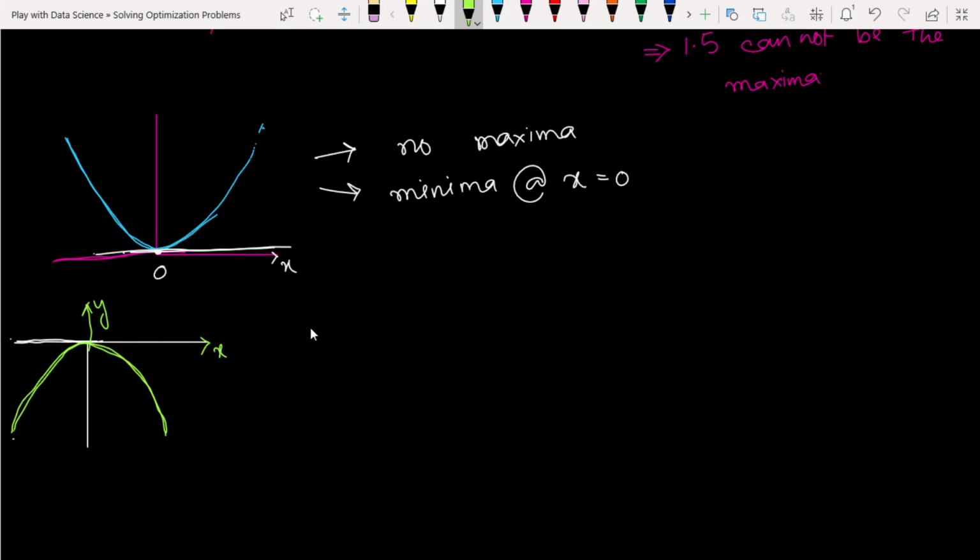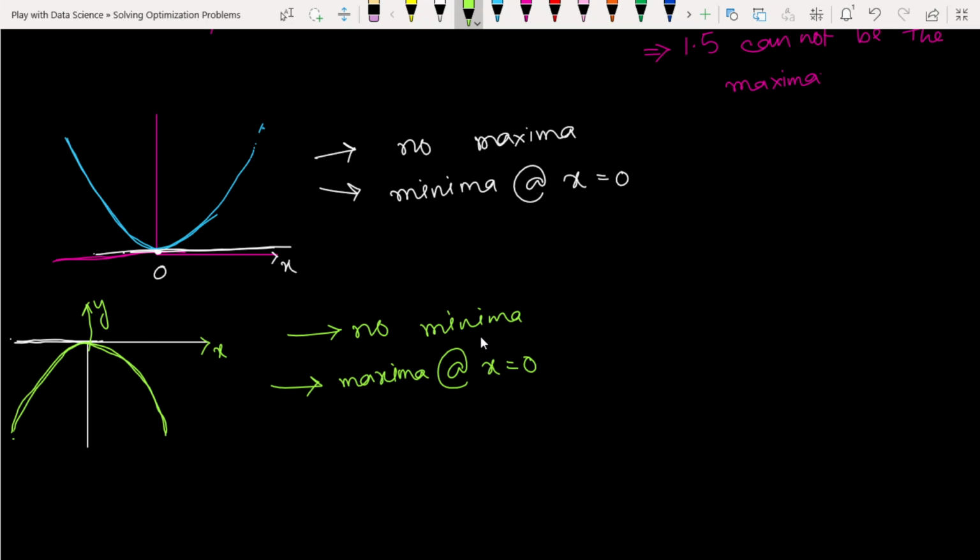Here it is simply the opposite: no minima here, and the maxima will be at the point x equals 0.